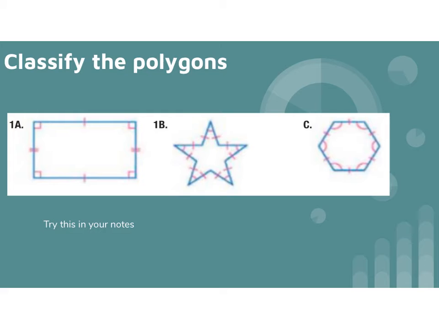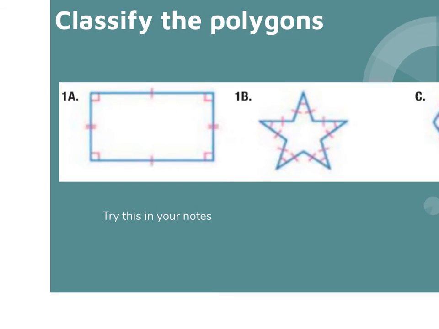Now try in your notes, write these shapes down and classify them. So go ahead and stop the video. First we have 1A. We see that it is 4 sides, so it is a quadrilateral.